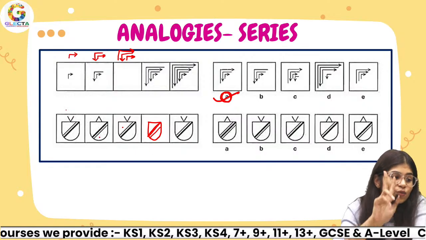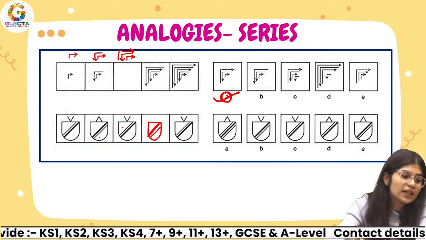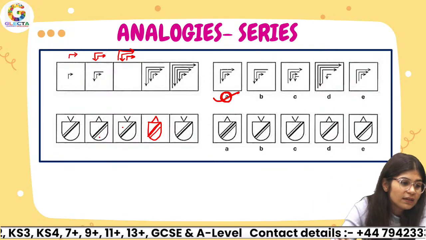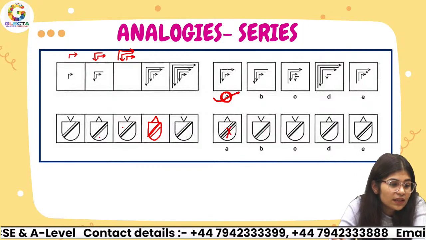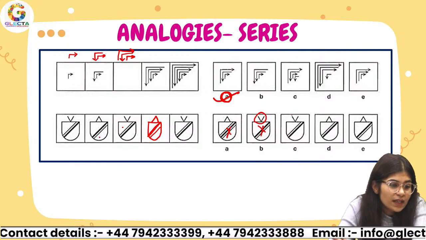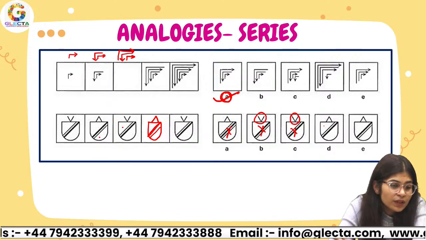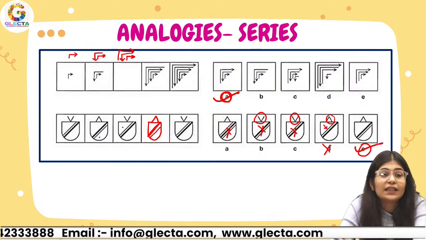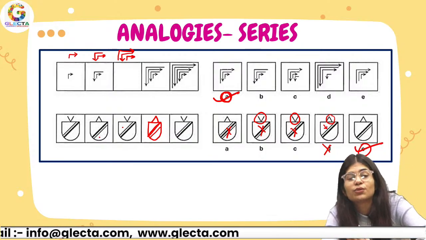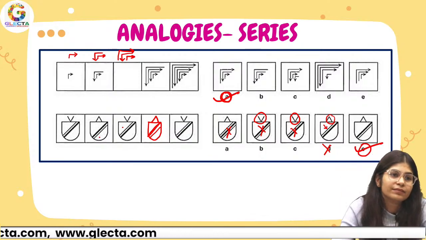Looking at this, it's V, then A, V, then now it should be A. Let's look at which one of these matches. It doesn't, it has two lines. It doesn't, it has a V. Doesn't, because it's a V. Doesn't, because the line is on the top. So no, I'm left with E. So yes, the answer to this question is E.